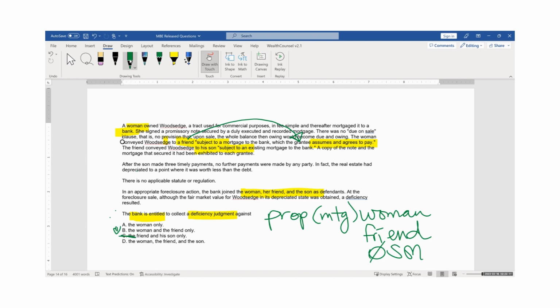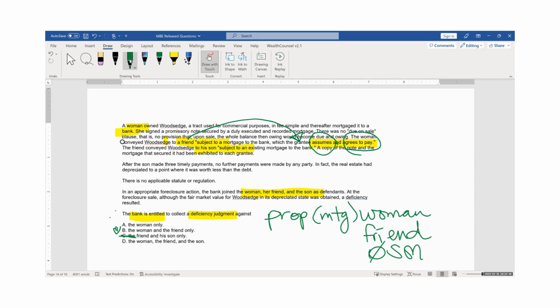The friend then, if you can eliminate the friend, you can eliminate B and D. So maybe that's where you can go next. The friend, again, assuming the mortgage, if you had studied your substantive law well, you would know that this friend saying that he agrees to pay for the mortgage should also be responsible for the deficiency. So you cannot eliminate B and D, unfortunately.